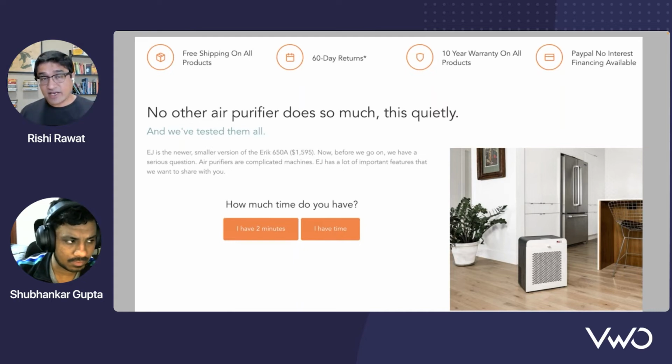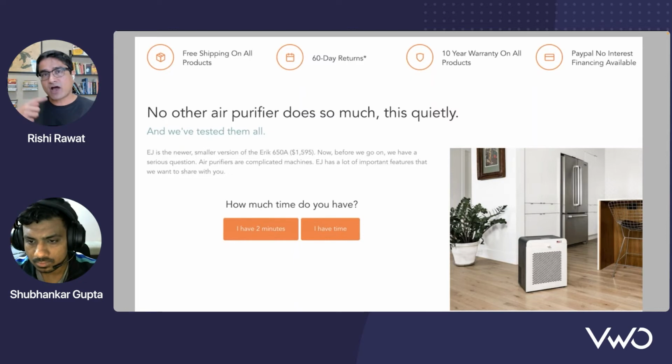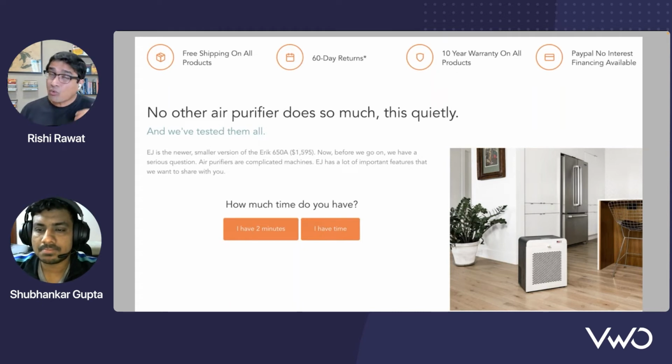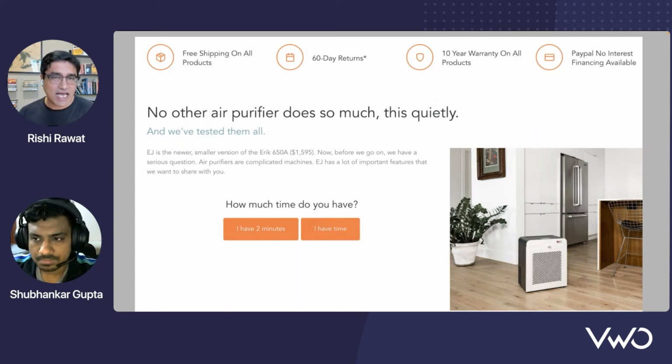So the client, very rightfully so, had a very detailed explanation for the product. They had the technical specs, they talked about the HEPA filter, they talked about how many cycles it does per hour, they talked about the motor behind it, all of the technical details that they knew were important. They didn't know what details mattered to what consumer, but they knew that in totality, these details really mattered because it was a higher price point item.